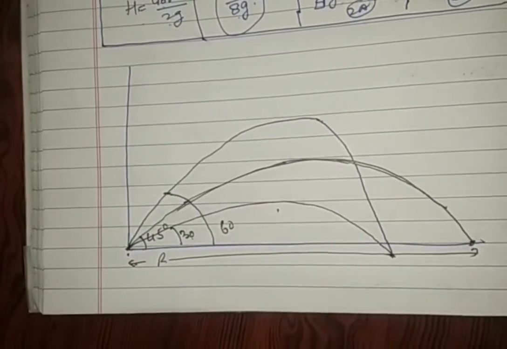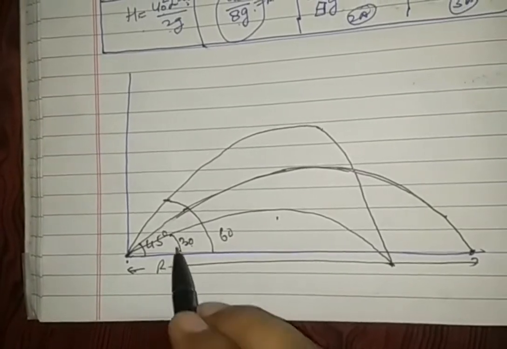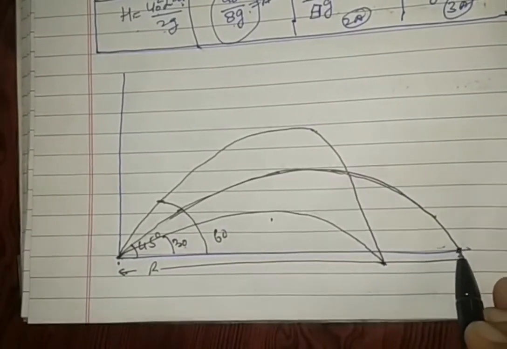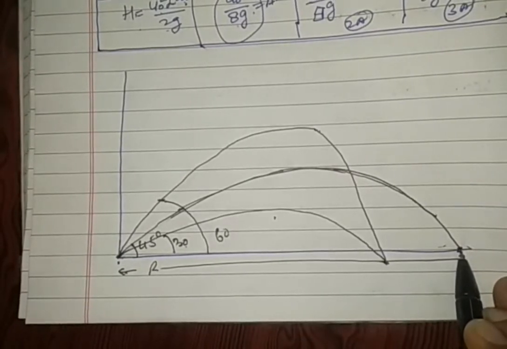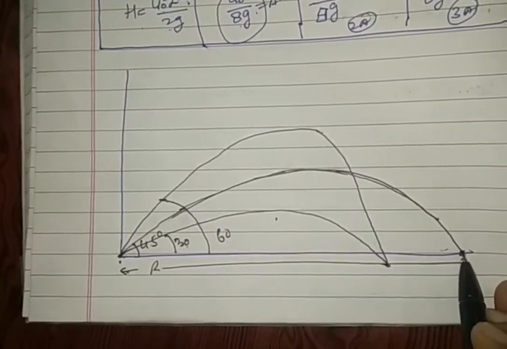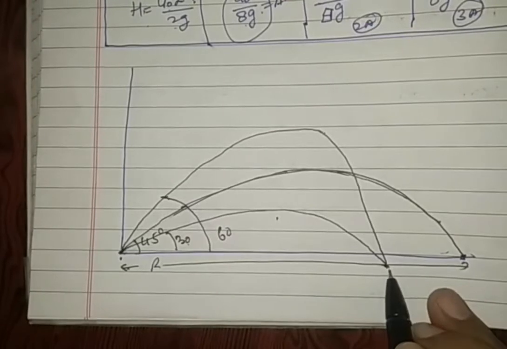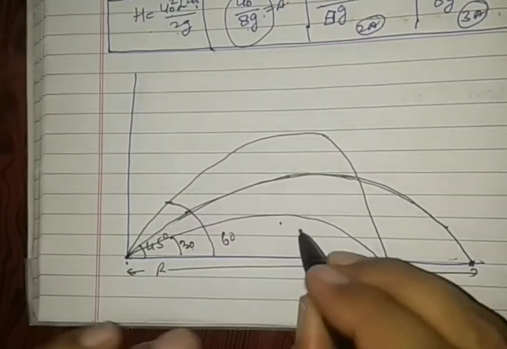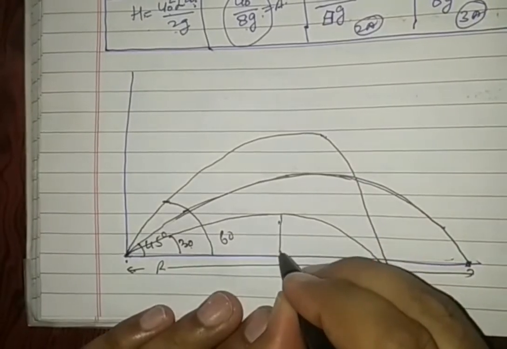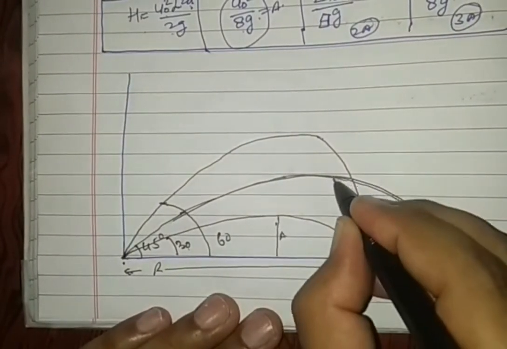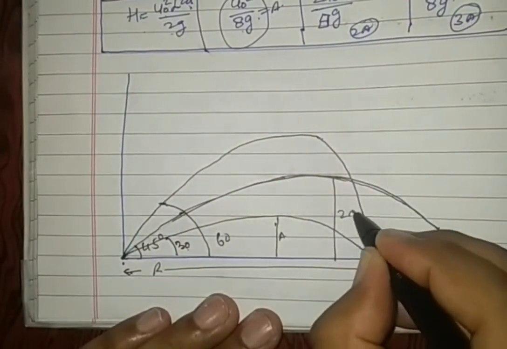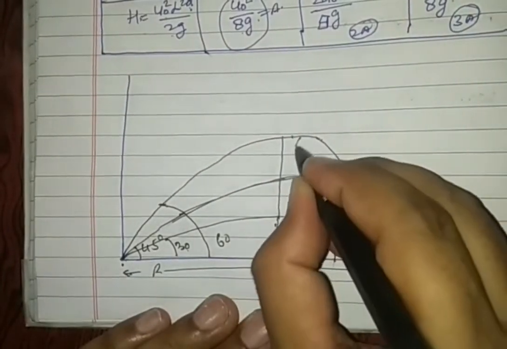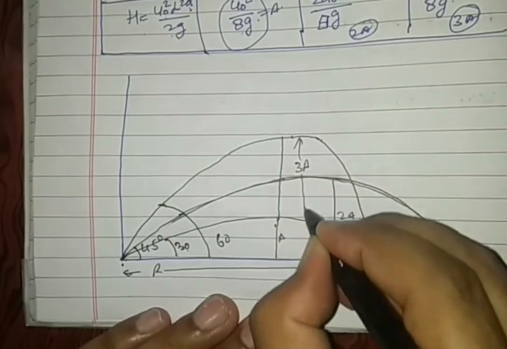So when we move the projection angle from 0, the range increases, gets maximum at 45 degree, and on increasing from 45 degree it decreases and at 60 degree it is again the same. But see the maximum height: it is A, 2A here, and this is 3A.